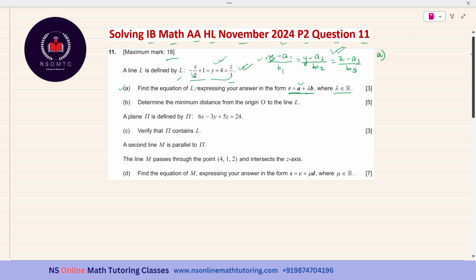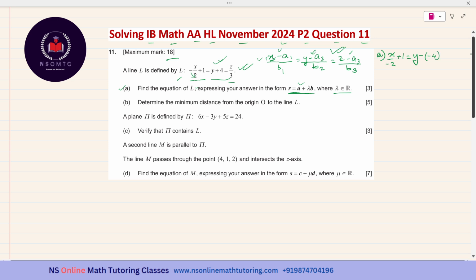I can write this as x over negative 2 plus 1 equal to, and y plus 4, we can see that there is a plus sign in between. So instead of y plus 4, I can write y minus minus 4.